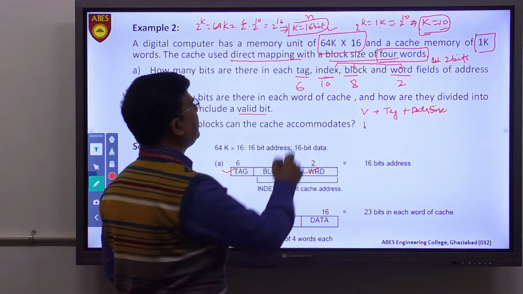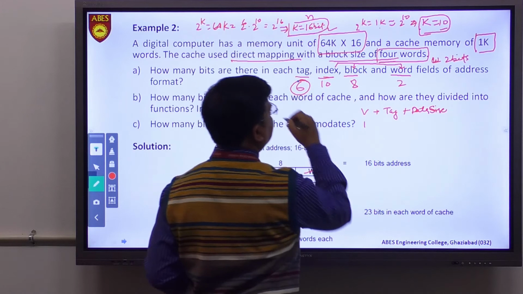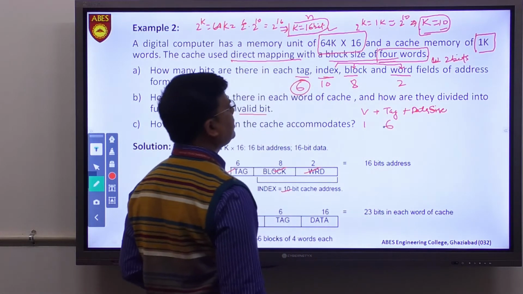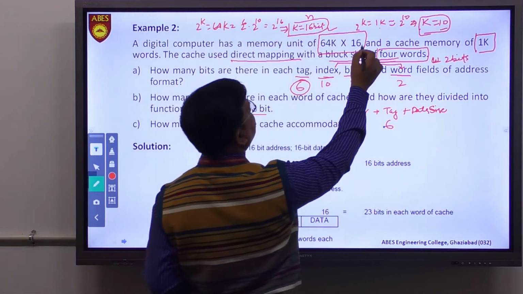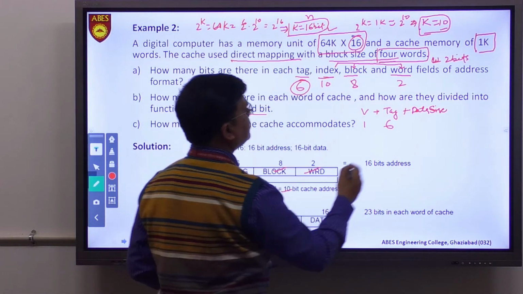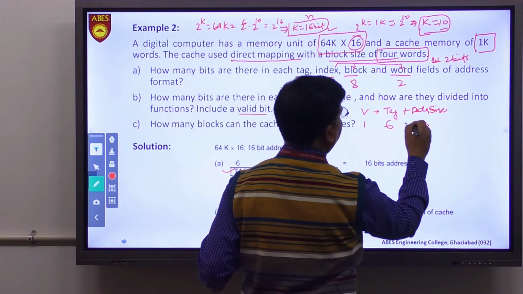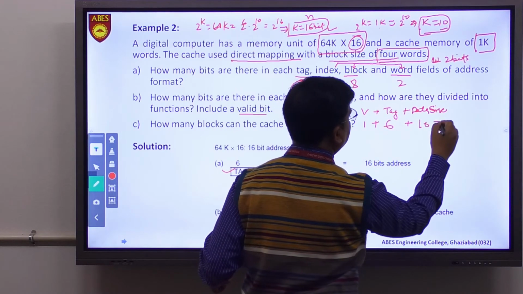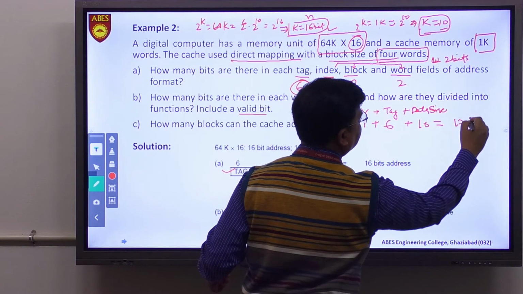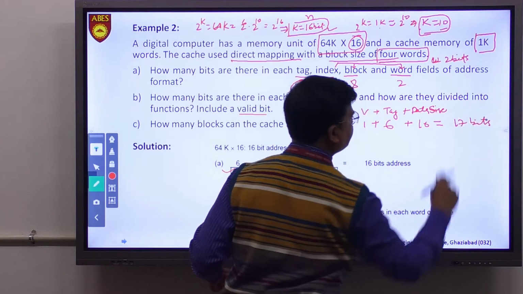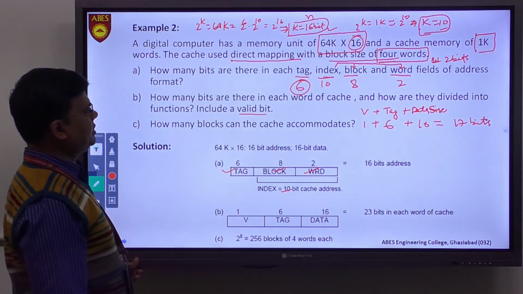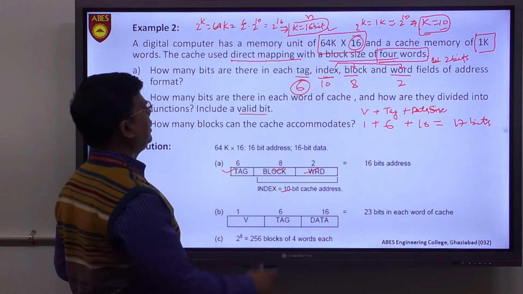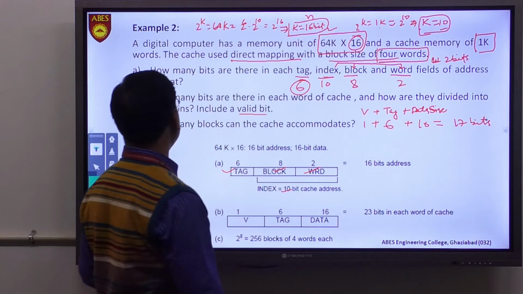The tag here we have found out, that is 6 bits, and the data size, that is the word size of main memory in this case, is 16 bits. So if we add all these bits, it will become 23 bits. So how many bits are there in each word of cache, and how are they divided into the function?